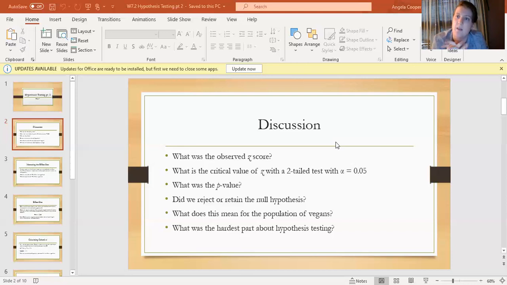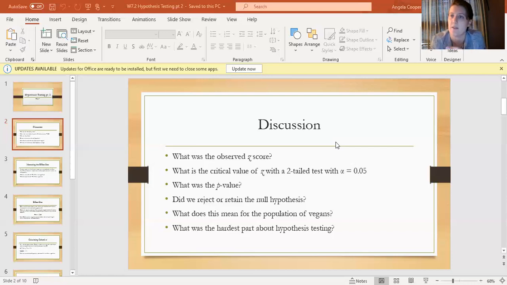But keep in mind that what we're doing is comparing vegans. We have a sample of vegans in this question, and then we have the information on the population of Americans. Well, we want to find out more about the vegan population. All we have is the sample. We don't have the population of vegans.